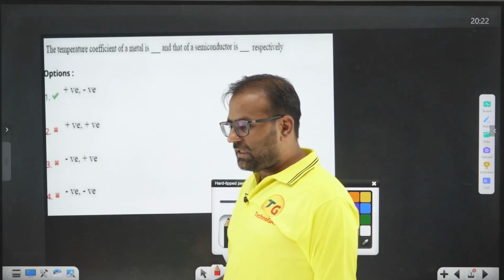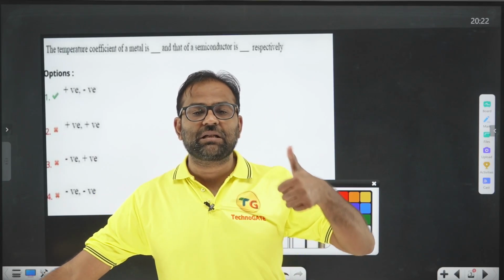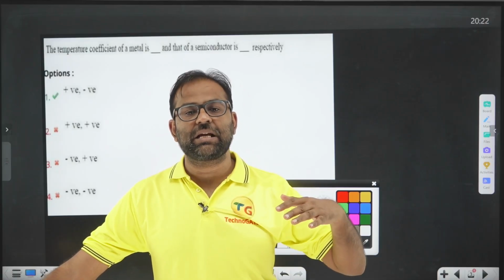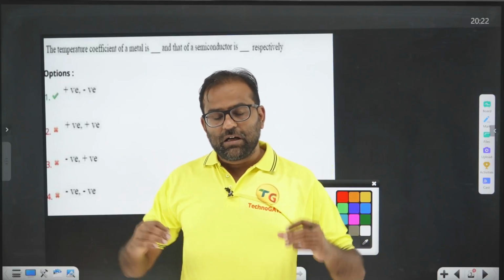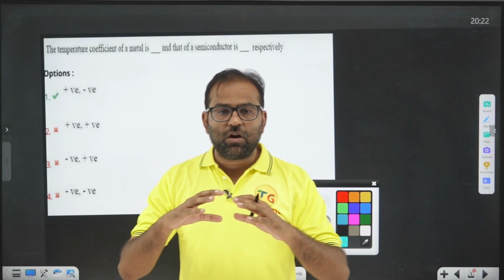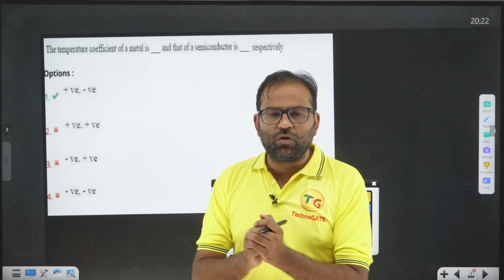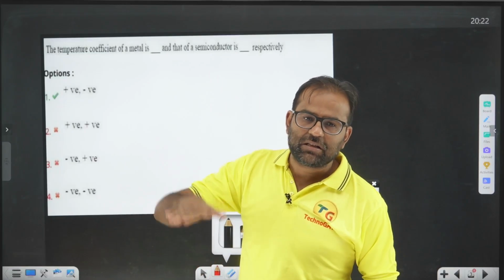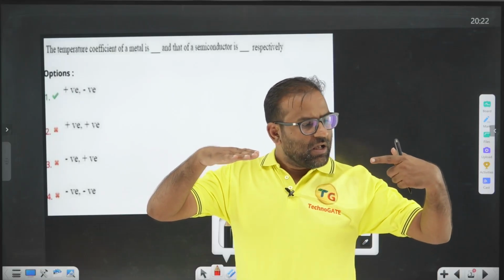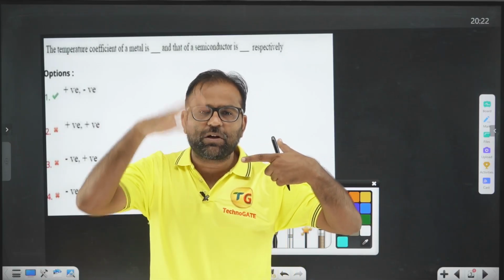Always remember, the temperature coefficient means what happens to the material if we increase the temperature. In metal you are having a lot of free electrons. If you increase the temperature, the vibration will increase. If vibration increases, one electron will face a lot of hurdles because of this vibration.